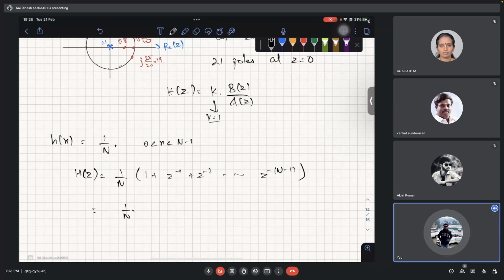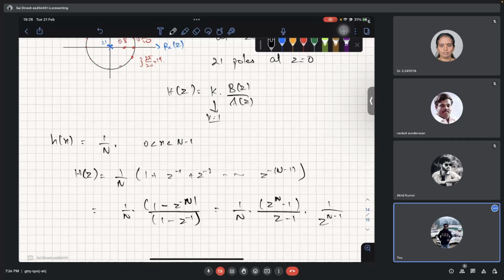So it will be 1 by N, (1 minus z power minus N) by (1 minus z power minus 1), which is 1 by N, (z power N minus 1) by (z minus 1), into 1 by z power N minus 1, right?